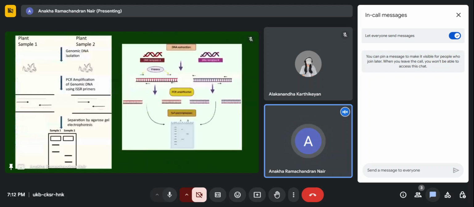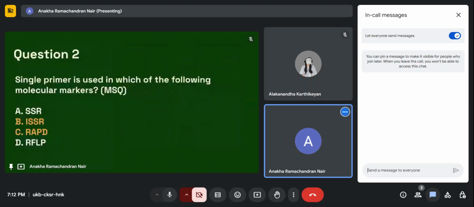The reason it is not SSR is this. If you remember, SSR was something like this. This is your DNA, and you have this repeat region.